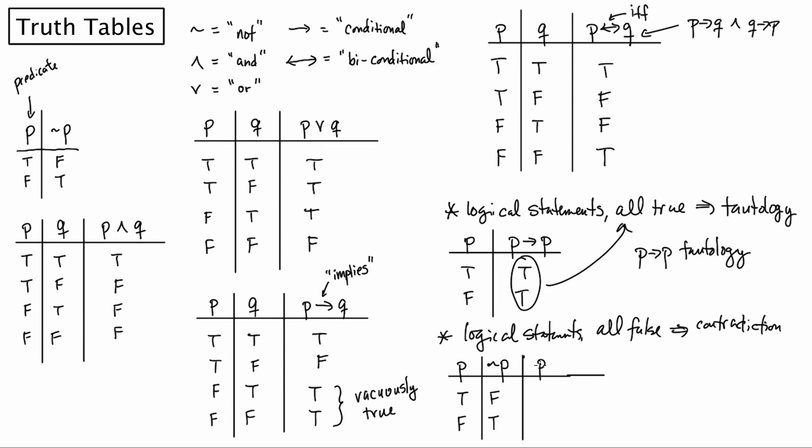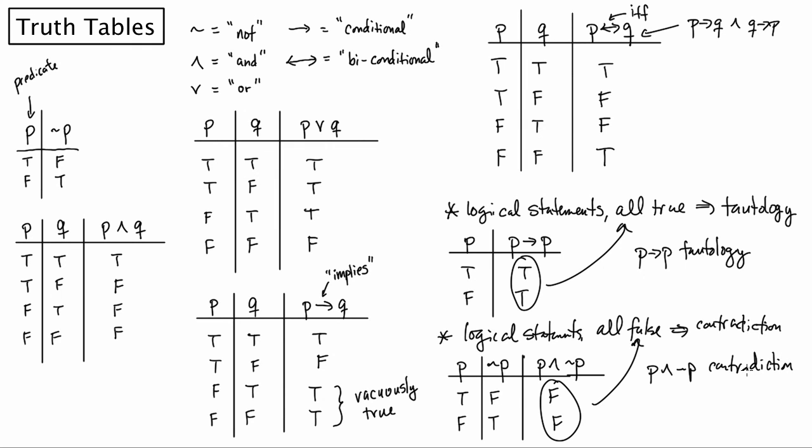But then if I ask P and not P, in other words, both to simultaneously exist, that can't happen. And you see, in fact, that it's false in both cases. So if all the values are false, then that leads to a contradiction, and the easiest contradiction to talk about is P and not P. That is a contradictory statement.